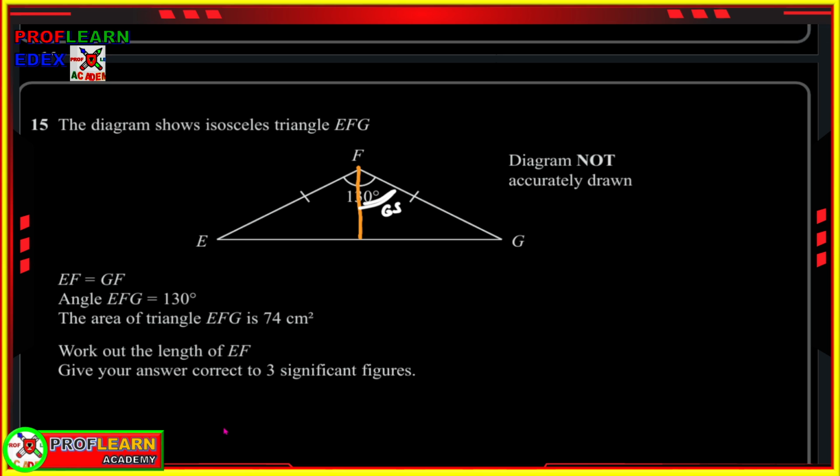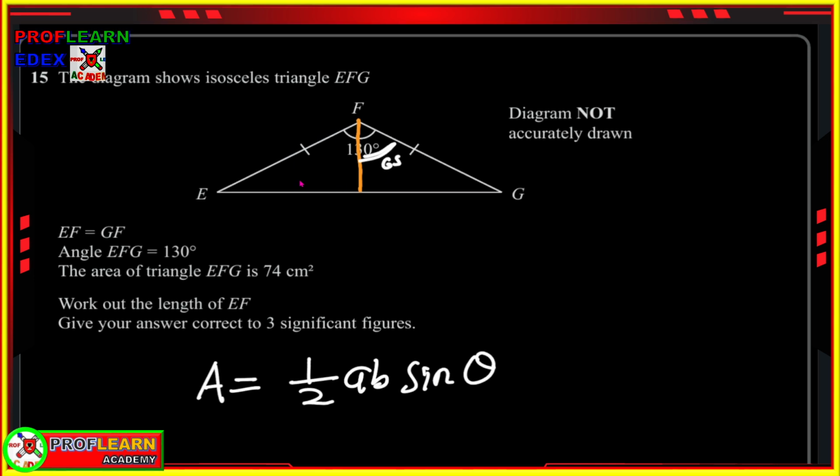Even without using that, we can say area is equal to a half ab sine theta. We can use that method, but our a and b will be the two sides that are forming that angle 130. So we can say 74 is equal to a half times ab.